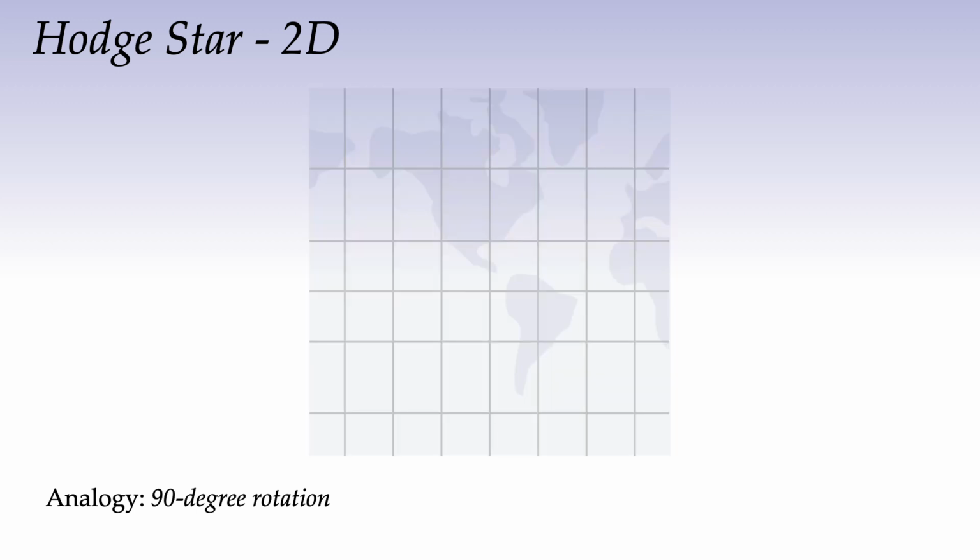Concrete example is the Hodge star in 2 dimensions. And a really good analogy here is a 90-degree rotation. Okay, so for instance, if I have a vector u, let's say pointing east, then what is the Hodge star of u? Well, we know that it has to be something orthogonal to u, right?